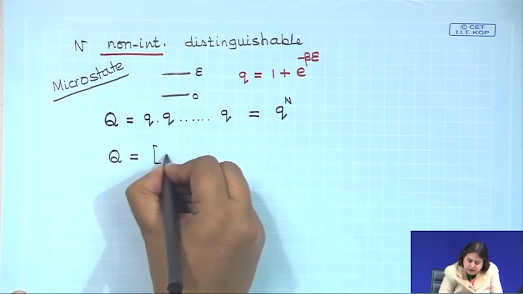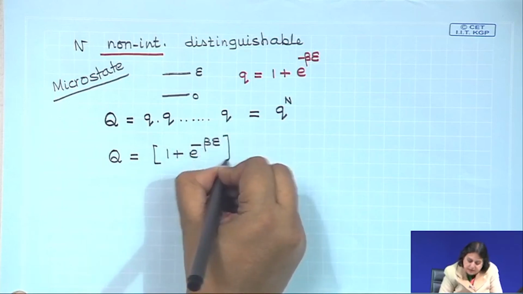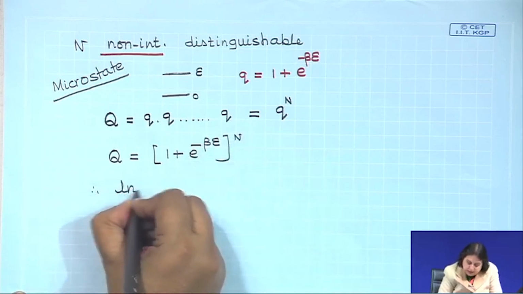Capital Q is going to be given by 1 plus e to the power of minus beta epsilon, whole to the power of N.